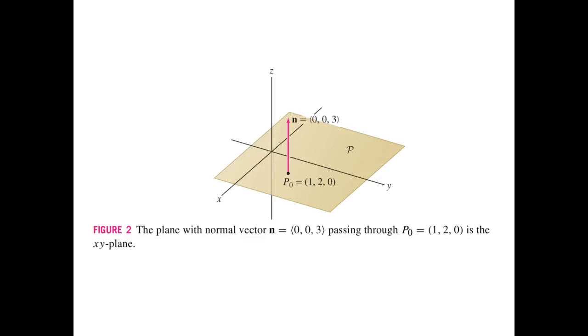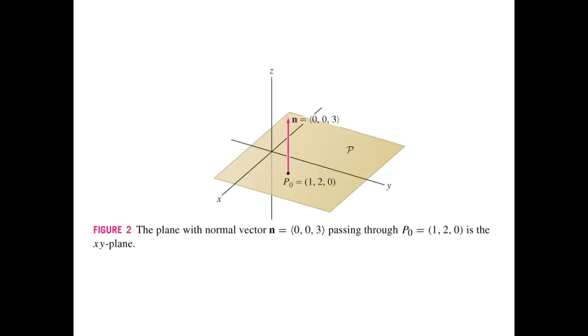To show how the plane equation works in a simple case, consider the plane P, that's this one right here, through the point 1, 2, 0. There's the point P0, 1, 2, 0, with a normal vector 0, 0, 3. Now, obviously, that normal vector is not a unit vector, so don't expect it to be.